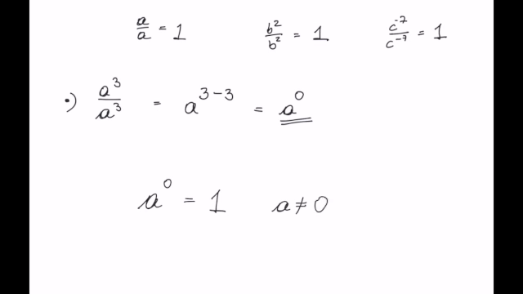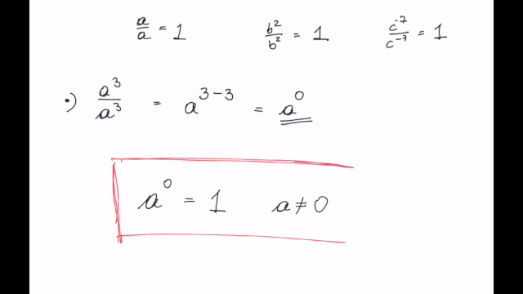Why? Because if your a was 0, then the denominator, the term underneath your fraction line, would be 0. And we already know that this can't be. This is an undefined value. But this is the takeaway message from this video. This is what you will need for this chapter: that a to the power of 0 is equal to 1.